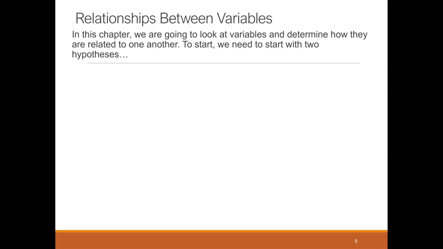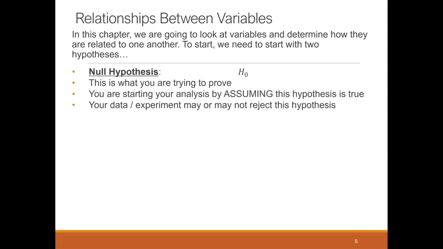All right, let's talk about actually doing the statistical test now to get these probabilities, and how to do that. We're going to start with two hypotheses. The first is the null hypothesis. We abbreviate that with the symbol H0.